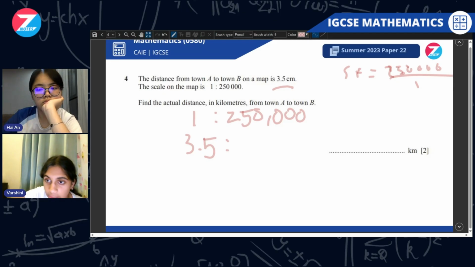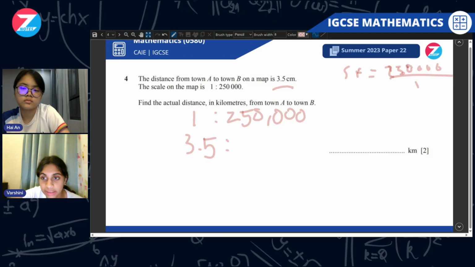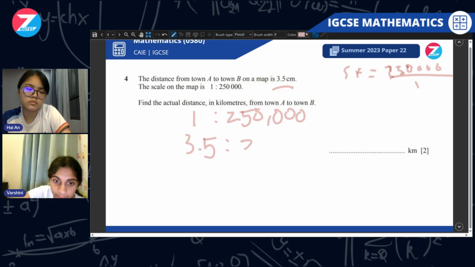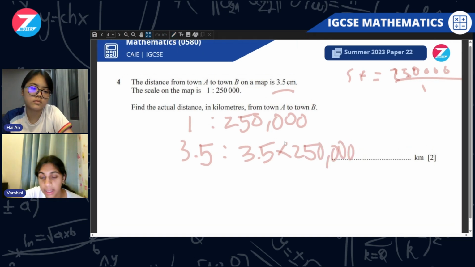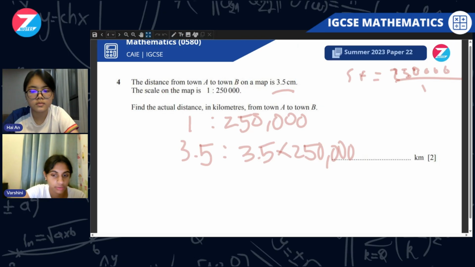Now that we have that, we're just going to multiply 3.5 by our scale factor of 250,000. If we do that, we should get 875,000.